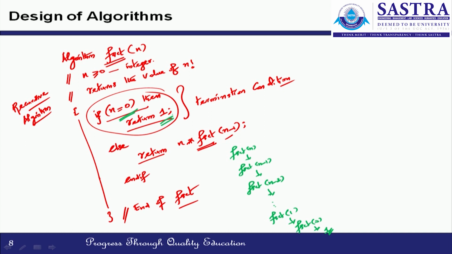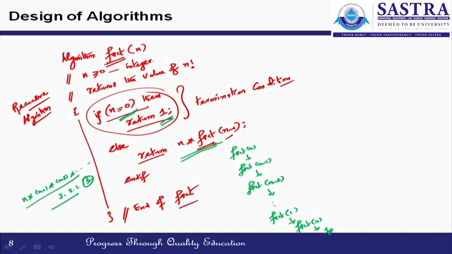So this return statement evaluates the expression n into n minus 1 into n minus 2 into etc. 3 into 2 into 1 into, finally if n is equal to 0, then return 1, 1 is returned here.